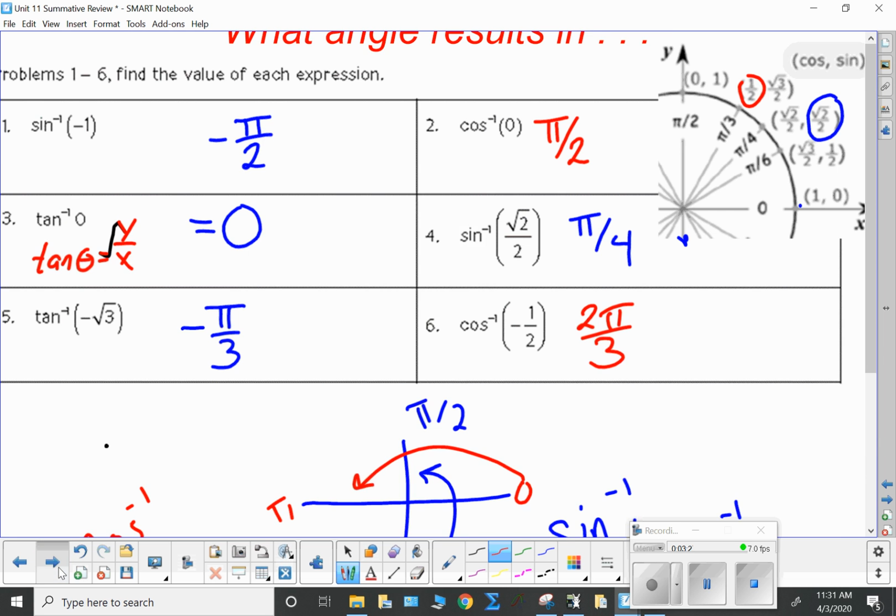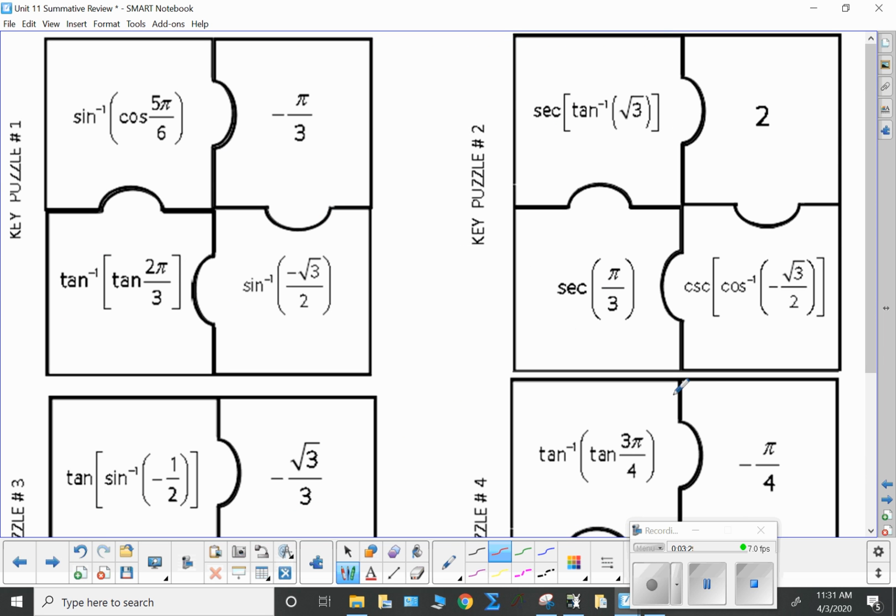I also told you that you should be doing the puzzles that were sent home as part of your review. So, here are the solutions for key puzzle 1. Here's the key to puzzle 2.